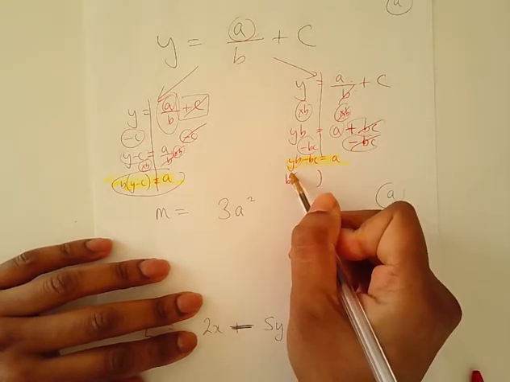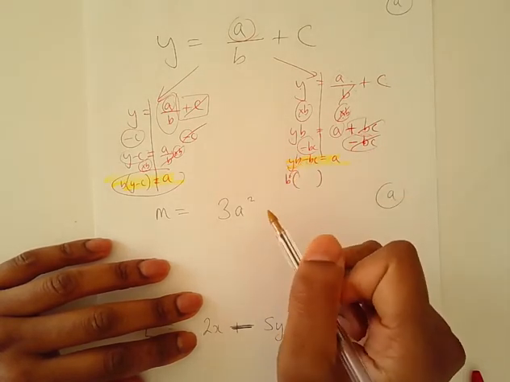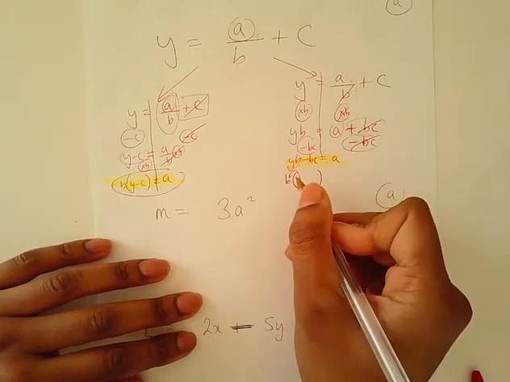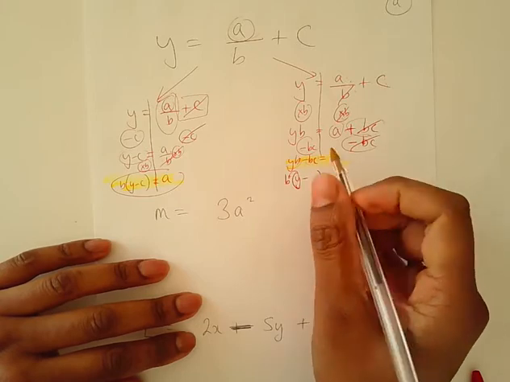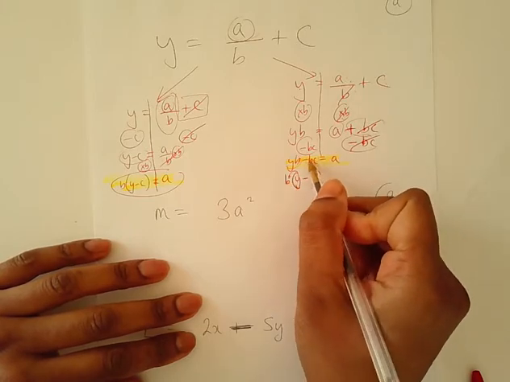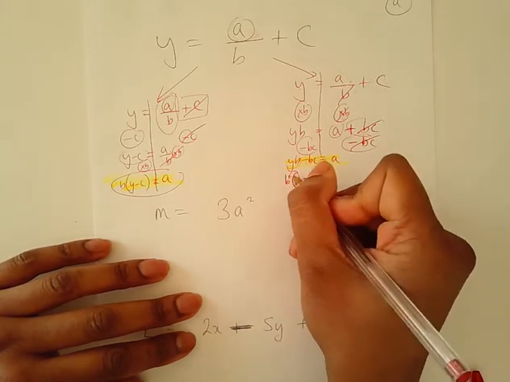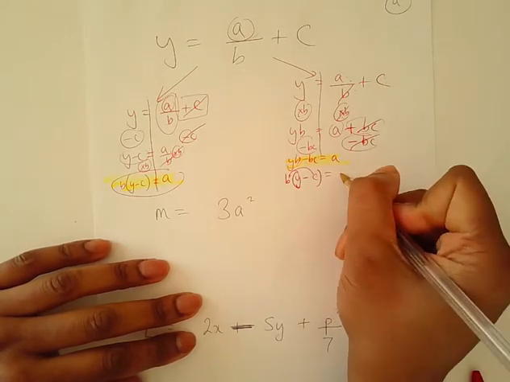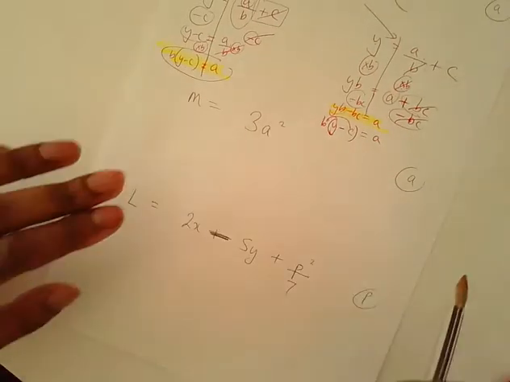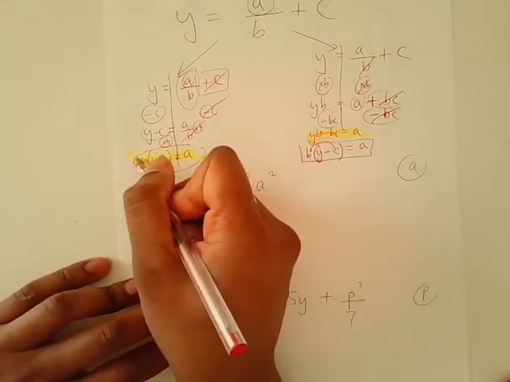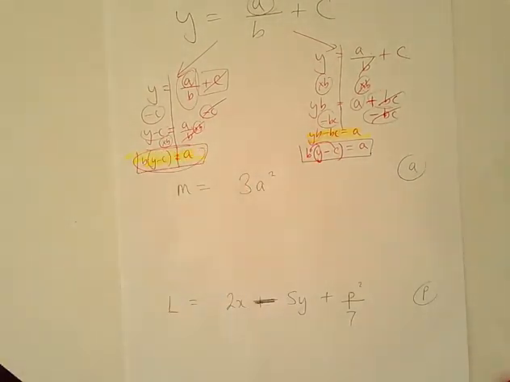B times something to give me YB: there, YB. B times something to give me BC: it's C. So now we can see clearly that what I have here is the same as what I had over here.